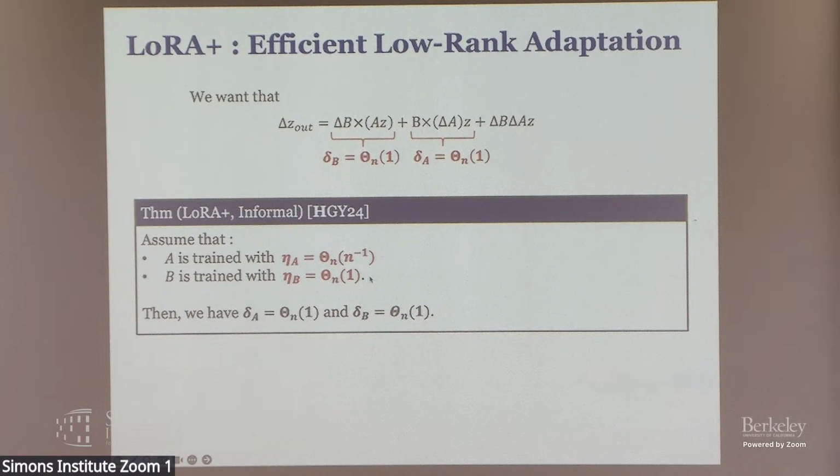I can say it's simple once you see it. B has the shape n by r, so when you multiply B by any vector, it's always a sum of r terms. When you update B, you don't need to scale that learning rate to have stability, because it's just a sum of r terms.